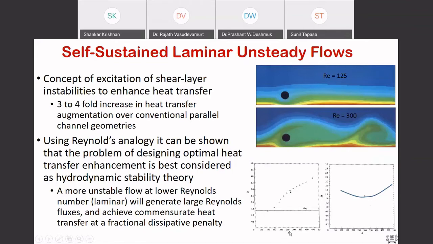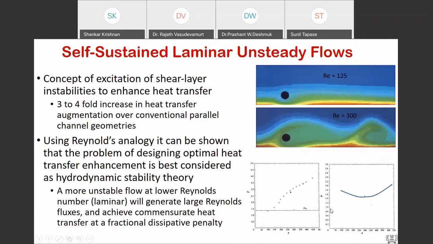As Reynolds number keeps increasing, initially up to a certain Reynolds number, the improvement in heat transfer is very minimal, the same as the flat case, as if there was no cylinder in cross flow. Beyond a Reynolds number of 150, they start to see a gradual increase in Nusselt number, up to a Nusselt number of 4, which is close to 3x of where they started.